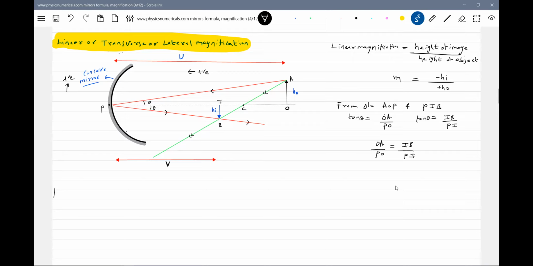What is OA? So the symbols, first of all, I'll write it like this: IB by OA equals PI by PO.